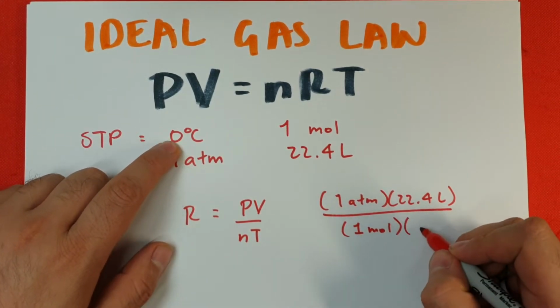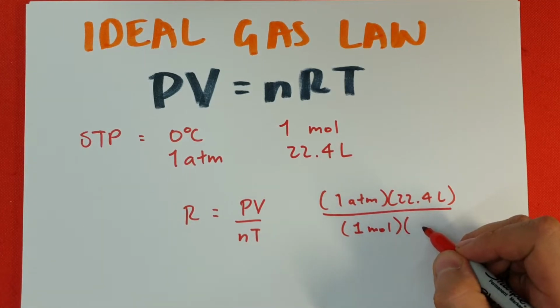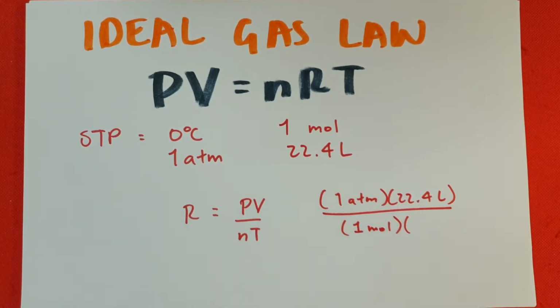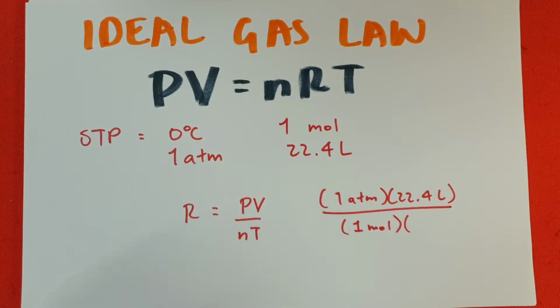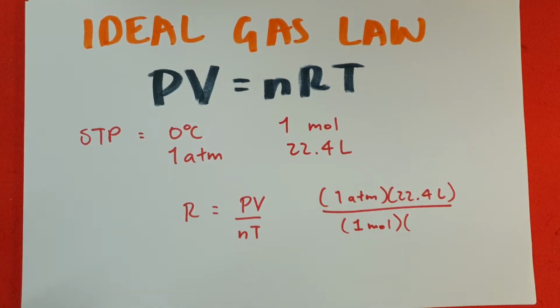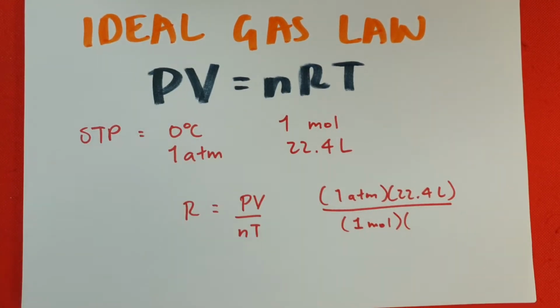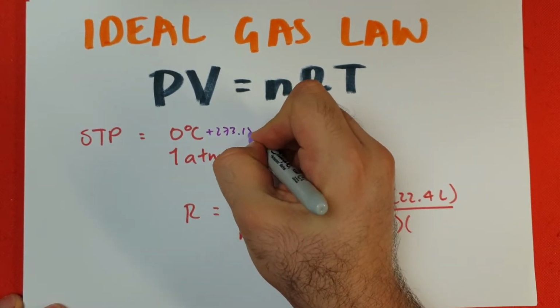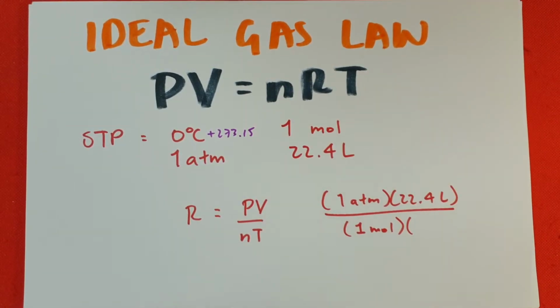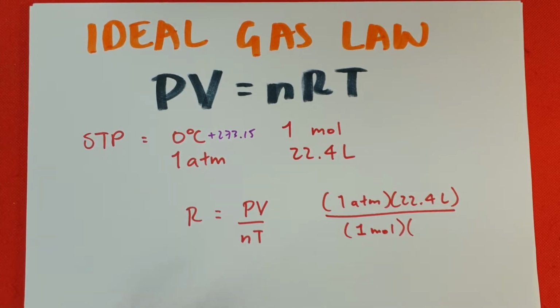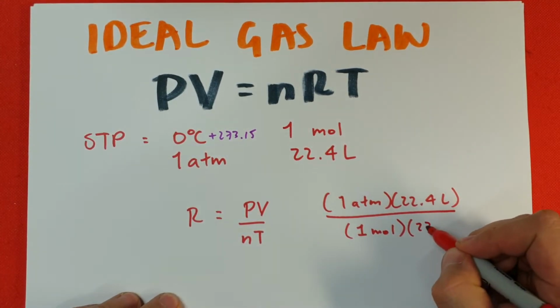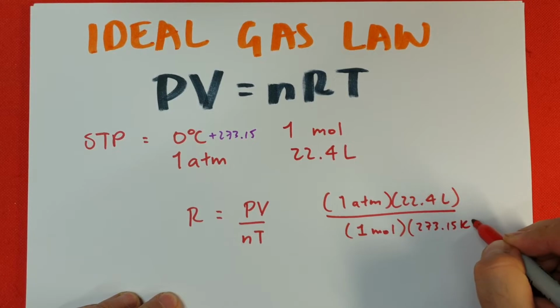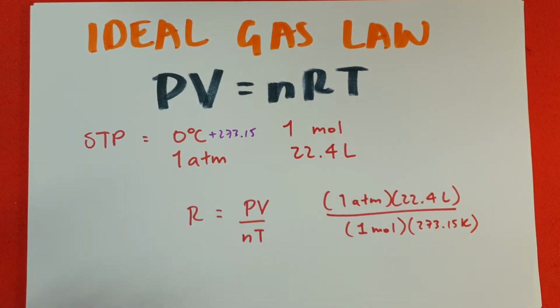But since we can't put 0 here because that would not allow us to work it out mathematically, remember, in any gas law problem, whether it be ideal or combined, we need to convert our temperature into Kelvin by adding 273.15. So the actual temperature we're using for this problem is 273.15 degrees. Well, not degrees, Kelvin, okay?